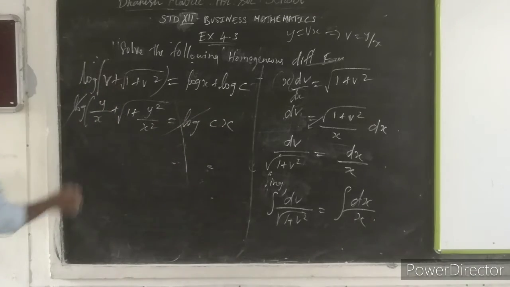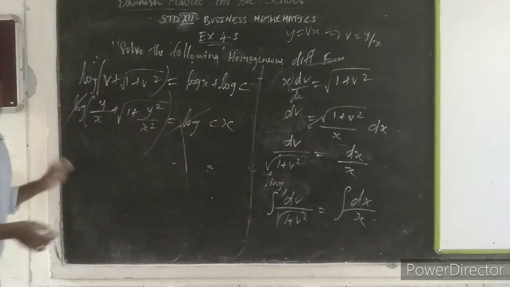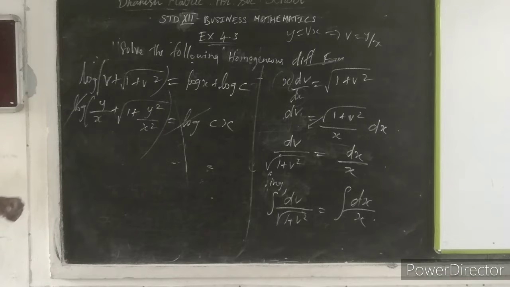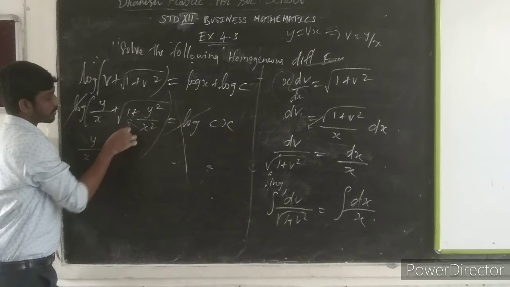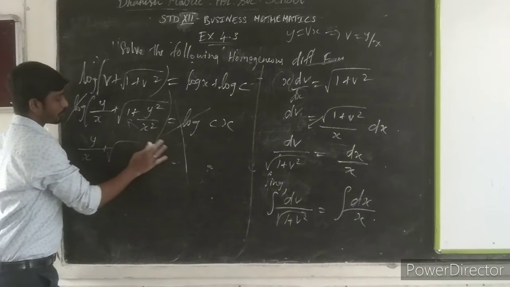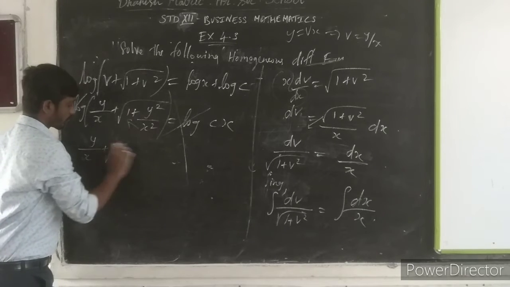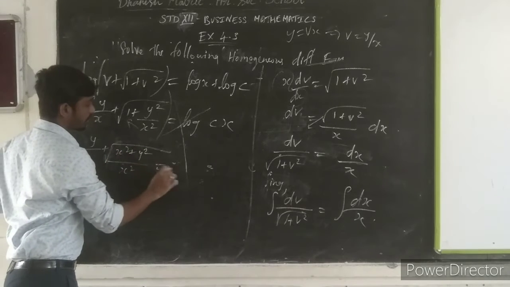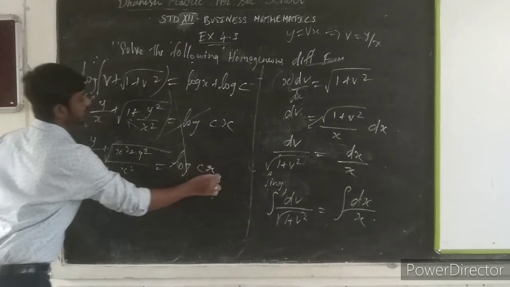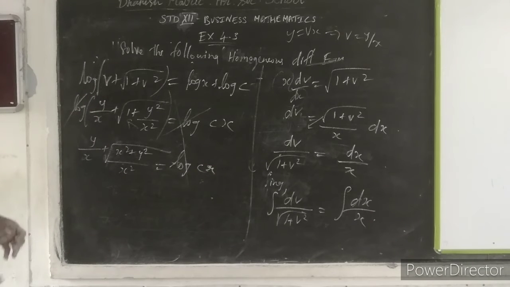Log is cancelled on both sides. What is the remaining value? That is y divided by x plus root of x square plus y square divided by x square equal to log cx. If you stop here, it will also be correct.